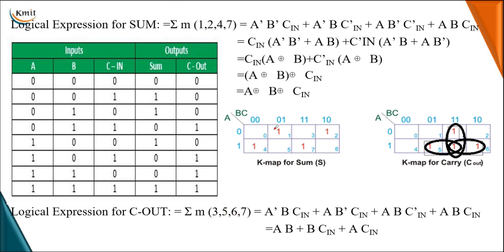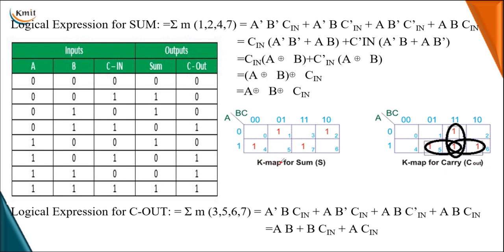Now let me use the K-map method for minimizing. It's a 3 variable function, hence we prefer the 3 variable K-map here, and upon mapping the summation and carry output, let me use the adjacent method for finding the minimal expression.